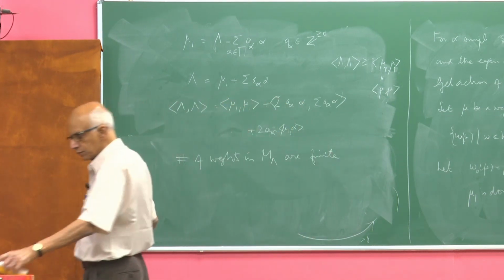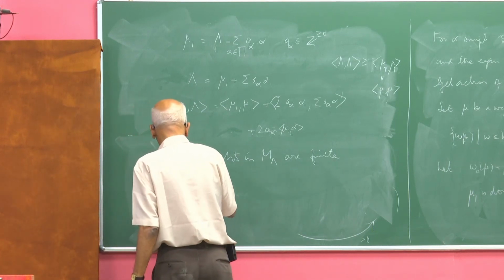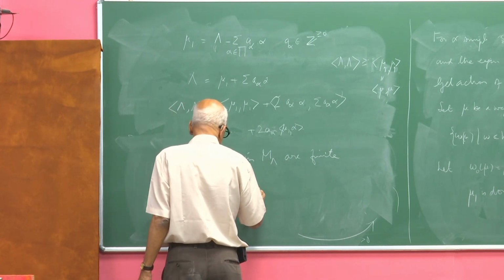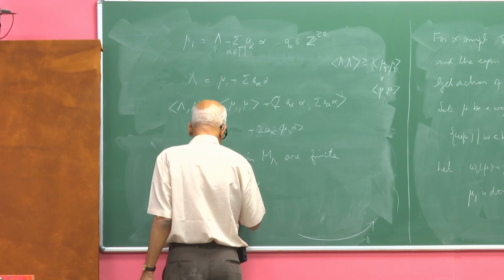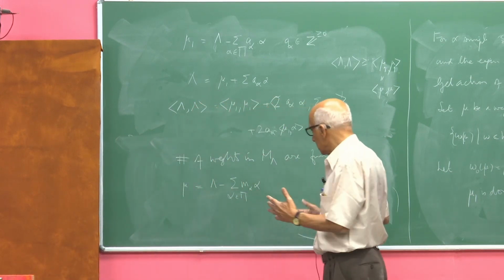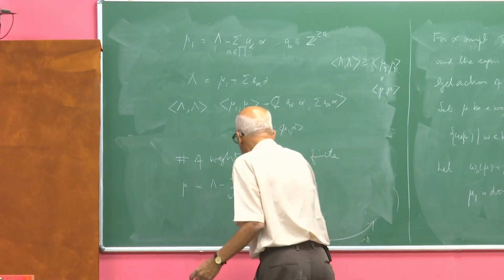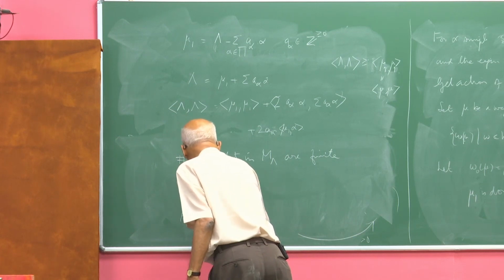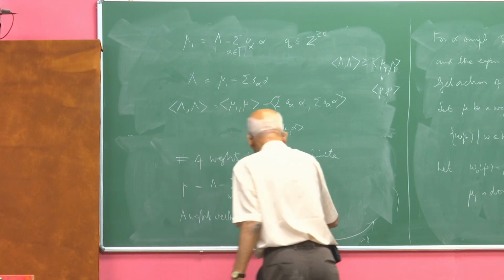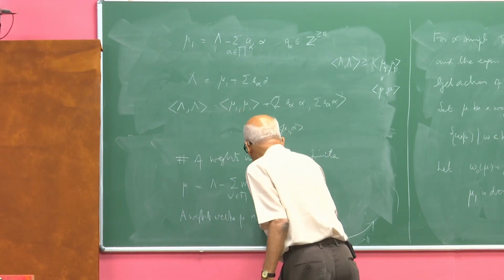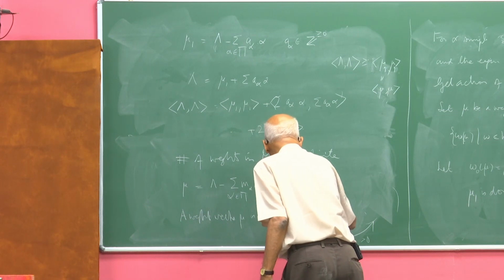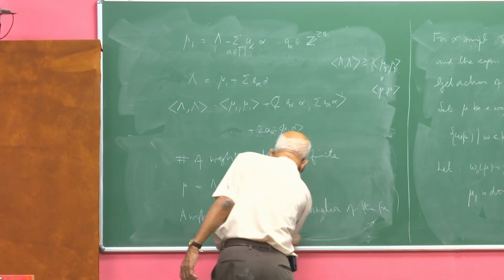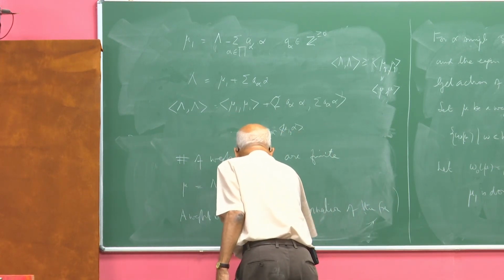Moreover, if you fix one weight, suppose mu is a weight, then mu, I know, is of the form lambda minus sigma m alpha alpha, alpha in pi. But any weight vector comes from the highest weight vector v.